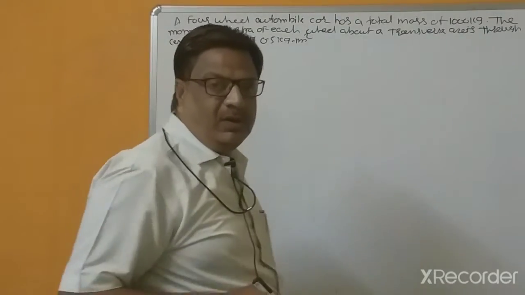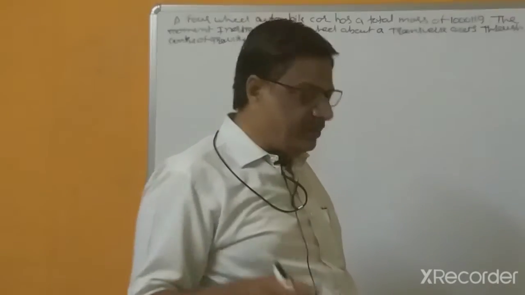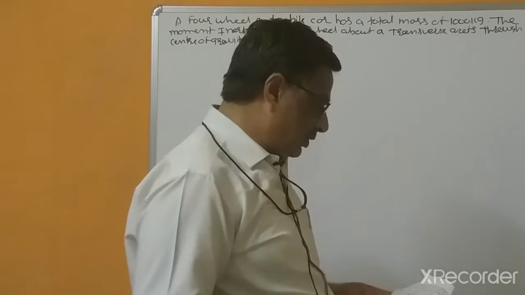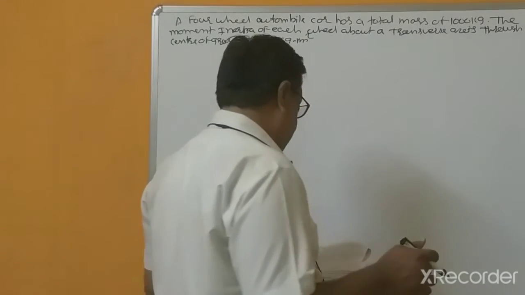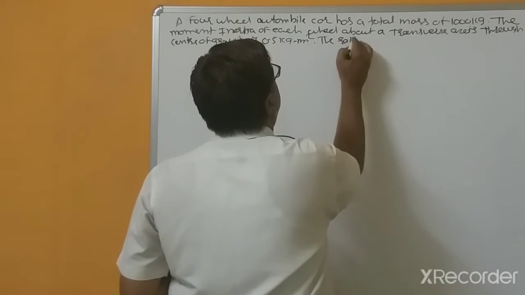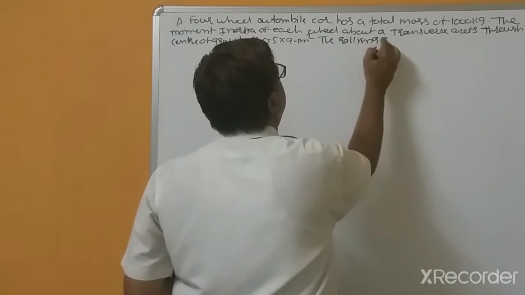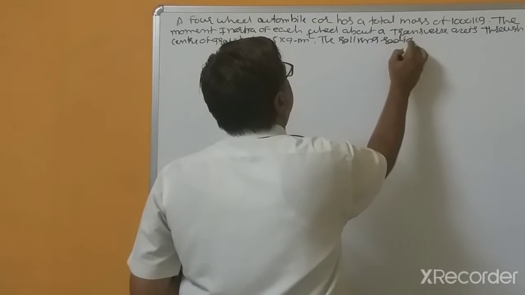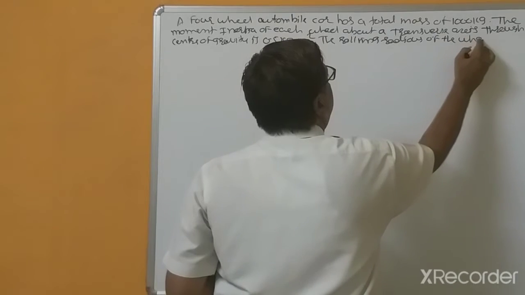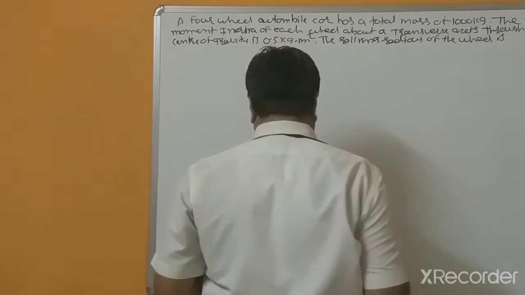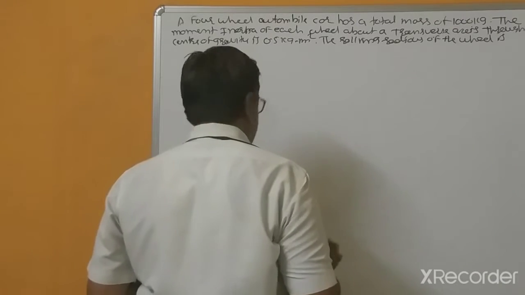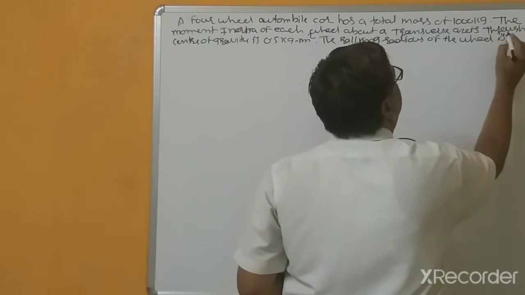This is the mass moment of inertia. The rolling radius of the wheel is 0.35 meter.